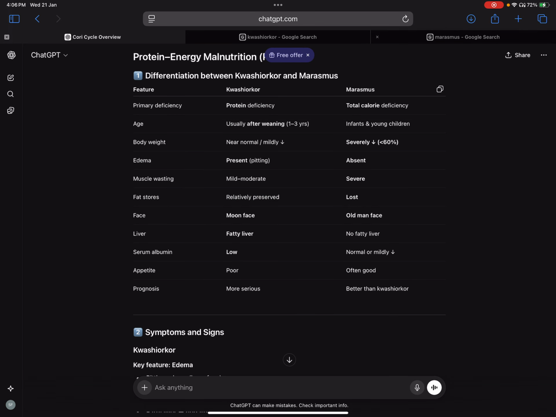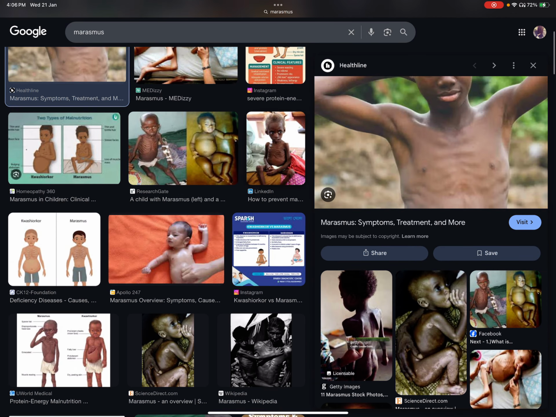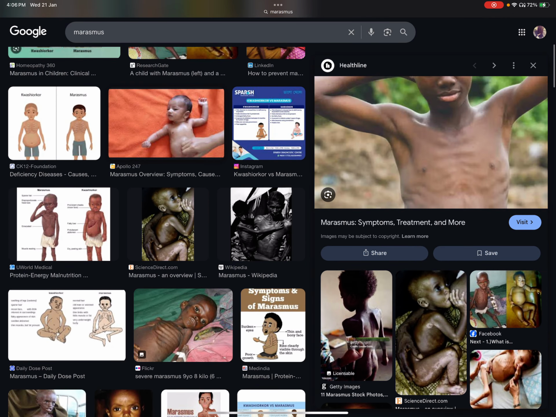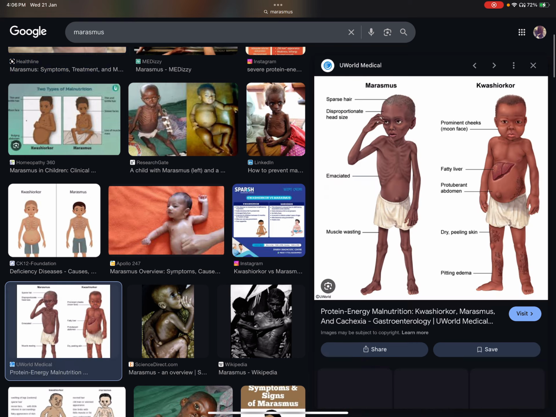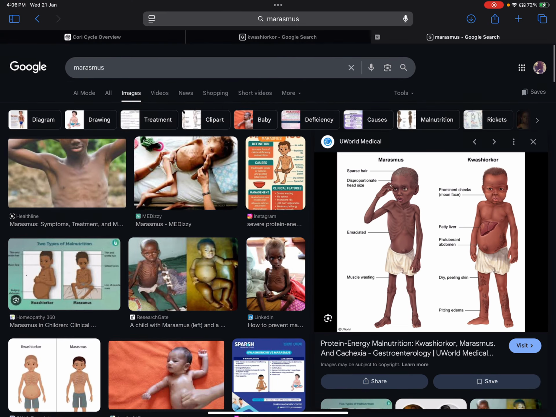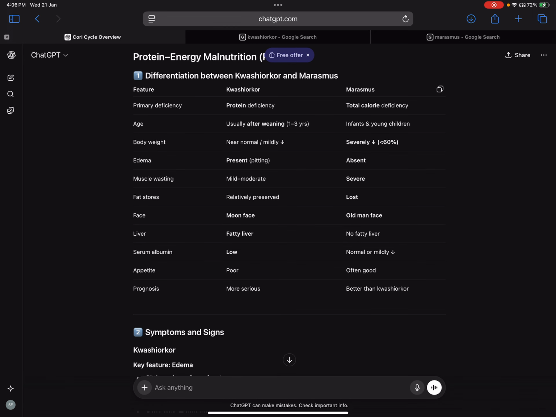The face in kwashiorkor is more of a moon-like face, and in marasmus you'll see an old man face. Then the liver: fatty liver, in which one? Very important, it occurs in kwashiorkor, which has protein deficiency. In marasmus there will be no fatty liver, because obviously their fat stores are all depleted, so there's no fatty liver here.